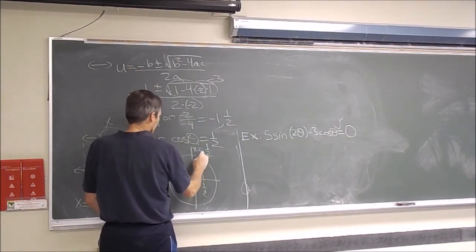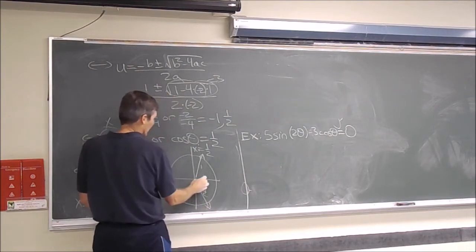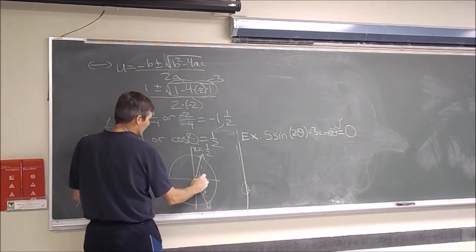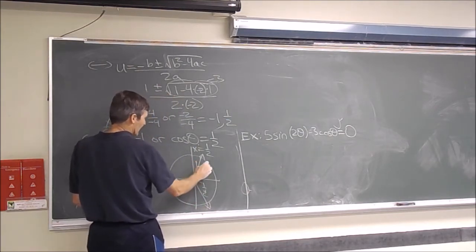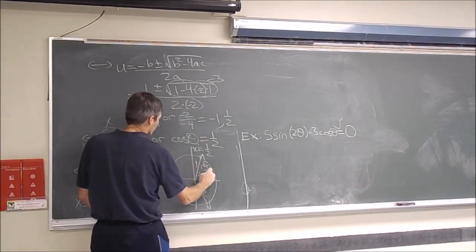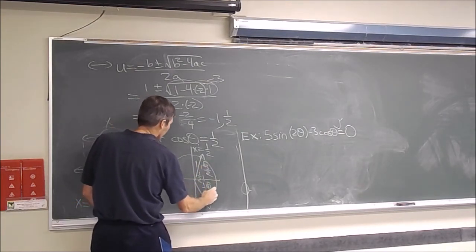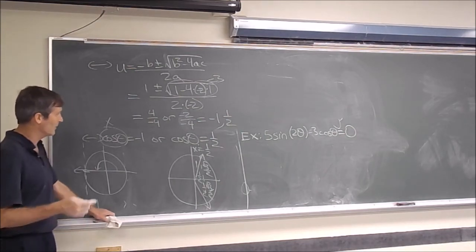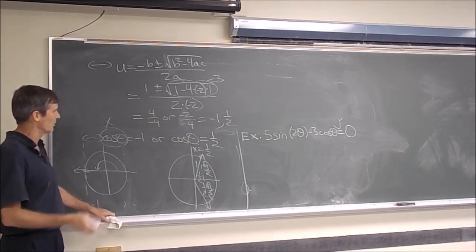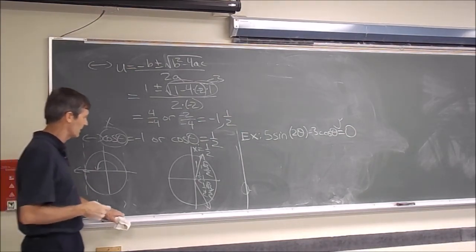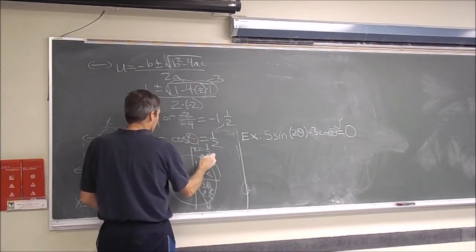Leaves us two angles, this one and this one. What are those? Well, if this is a half out here, then it's half on this side of the triangle, one on this side. This must be square root 3 over 2. The Pythagorean would force that. Once you see two of the three sides of a special triangle, and when you memorize, you know the third side automatically. This must be a 60-degree angle.